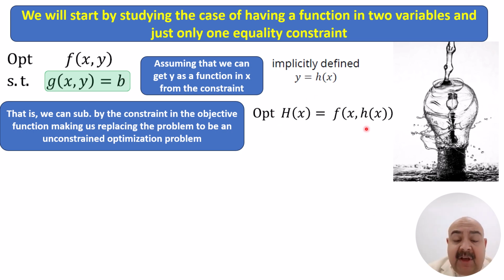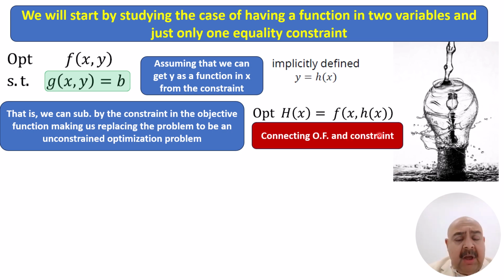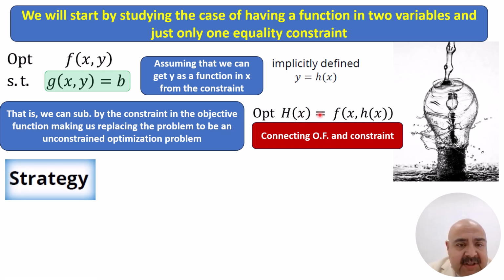So we will have a new function, capital H of x, which consists of x and small h of x, the implicit definition from the constraint. In such a way, this function connects both the objective function and the constraint together in one function, which is capital H of x. And this is the strategy that we will depend on.